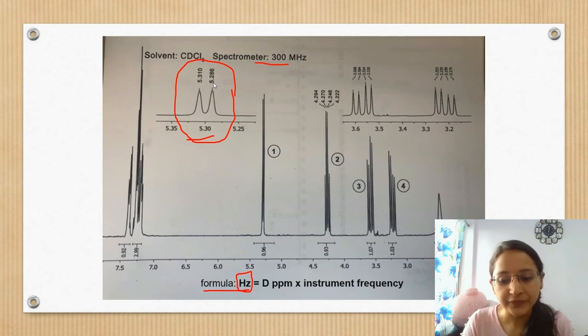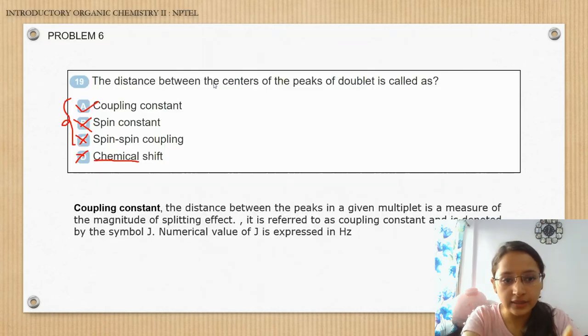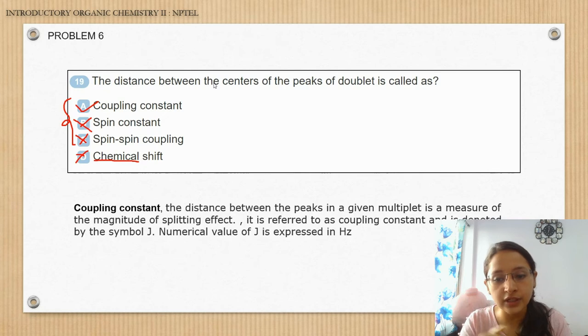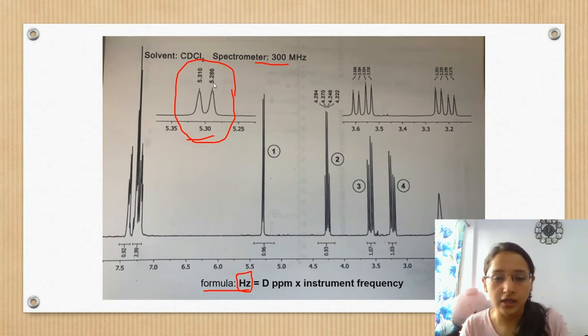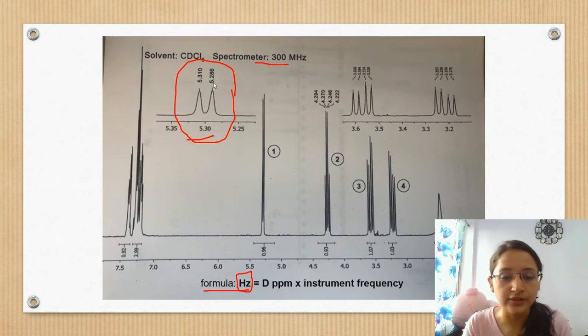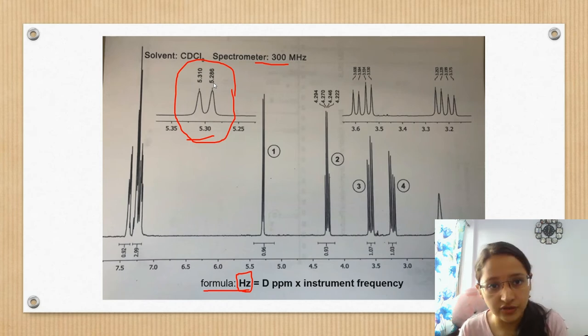The coupling constant is the distance between the two peaks in a given multiplet. When you take this chemical shift difference and multiply it with the spectrometer frequency, that is 300 megahertz in this case, you get the coupling constant value in hertz. So the difference we get after subtracting 5.286 from 5.310 gives us the coupling constant value.